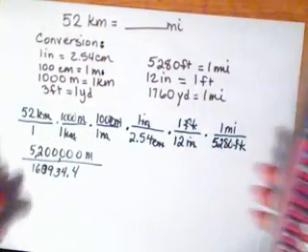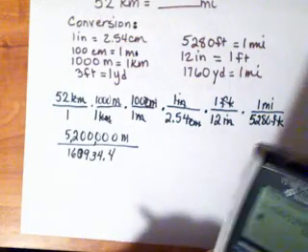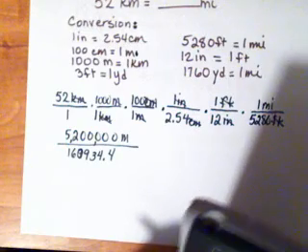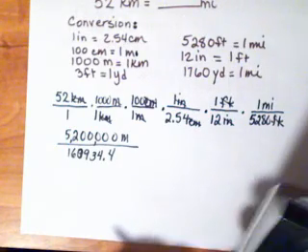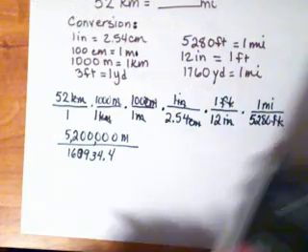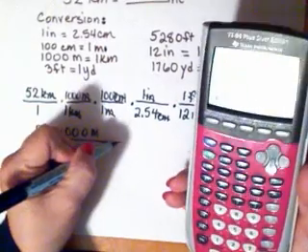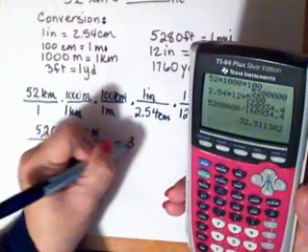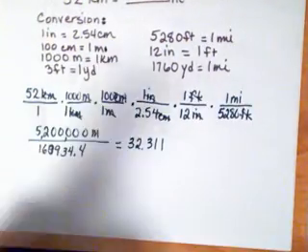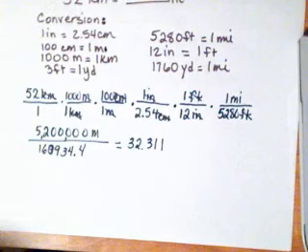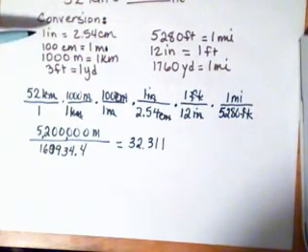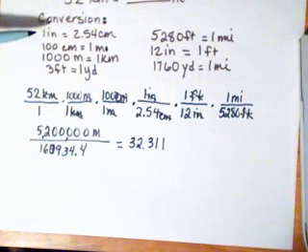160,934.4. Now, I need to divide these, so I've got 5,200,000 divided by 160,934.4. And I get 32.311. Now, here's the thing about my math lab, or basically any kind of online software program.